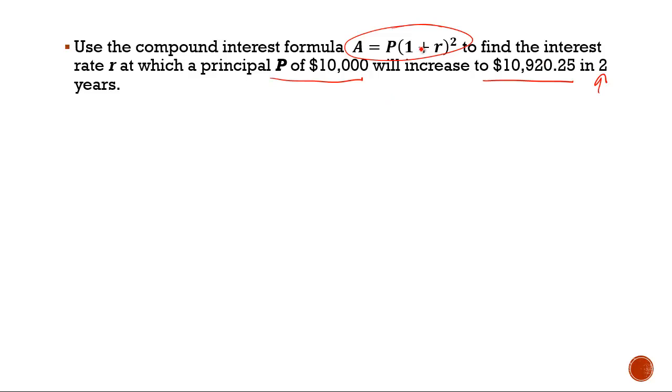So we know that the amount that we will receive is $10,920.25. We know the principal was $10,000, and that was multiplied by 1 plus the rate squared.